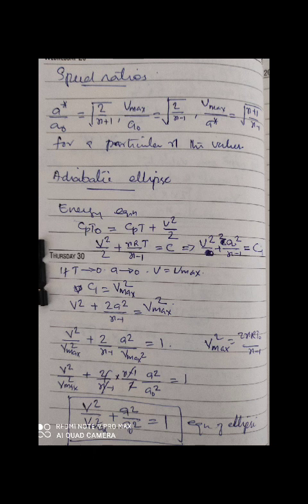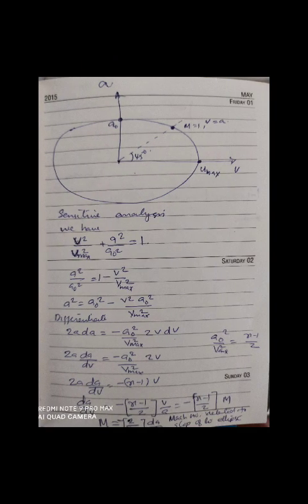Gamma R T0 is a0 square, and 2 by gamma minus 1 cancels, so the final expression will be V square by V max square plus A square by a0 square is equal to 1. This is an equation of an ellipse. This ellipse is called the adiabatic ellipse.